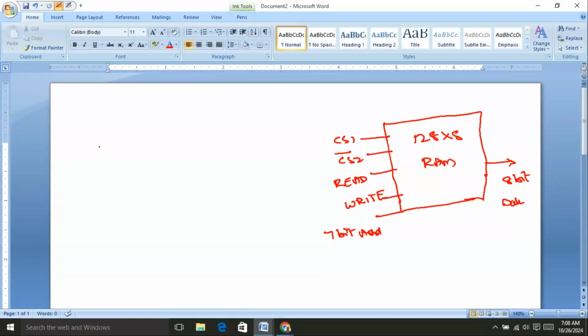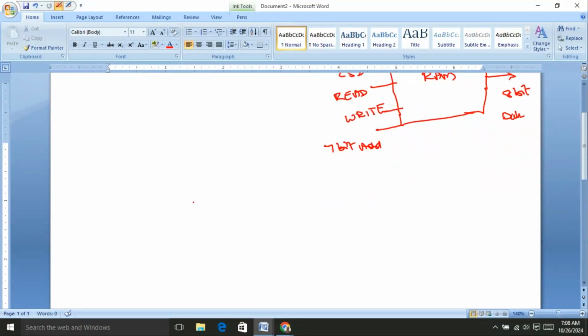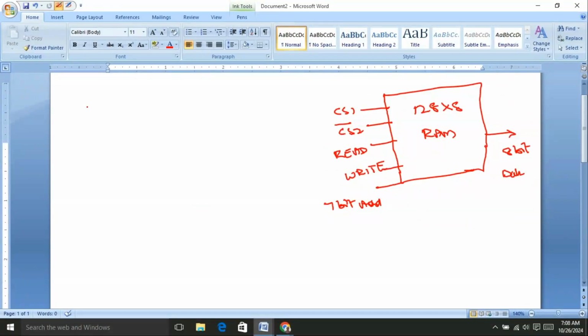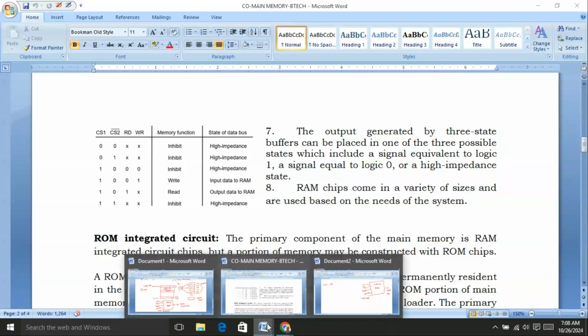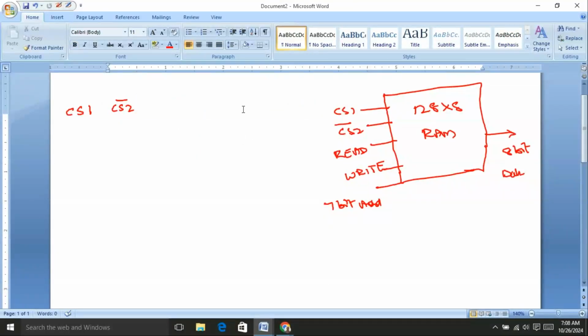So let us consider the truth table of this one. I am going to represent here itself CS1 and CS2 bar, and one more, please observe this diagram here. And what is the function and state of the data, I am going to write here.